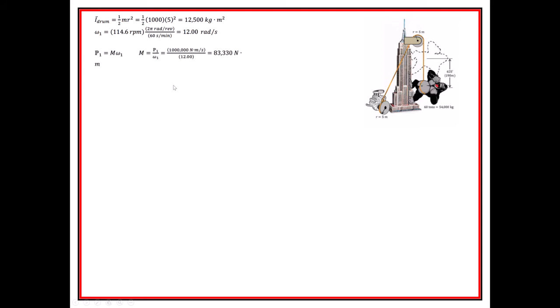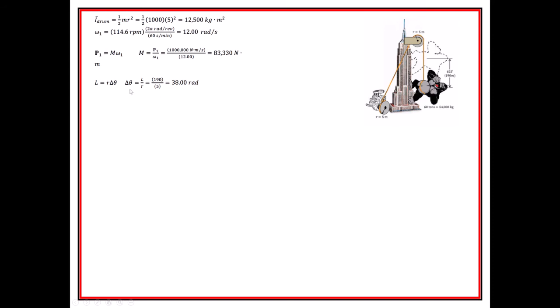And we say that the power is, let's see, yeah, okay, we find the moment, because we could divide the power because it's a constant torque. So the moment and the torque are the same thing. We're dividing that 1,000 kilowatts by the 12 radians per second. And what that's going to give us is 83,330 Newton meters.